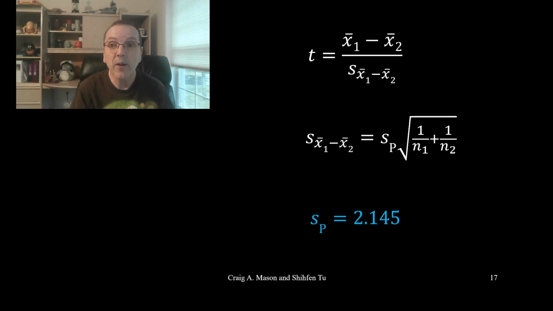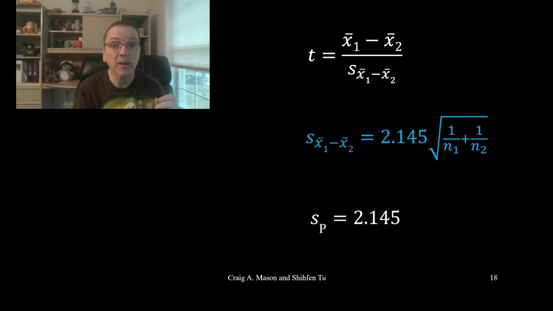Okay. Now we take the pooled standard deviation and plug that 2.145 into the standard error formula. The standard error of the difference in means is equal to 2.145 times the square root of 1 over n1 plus 1 over n2. So we plug in our n's.